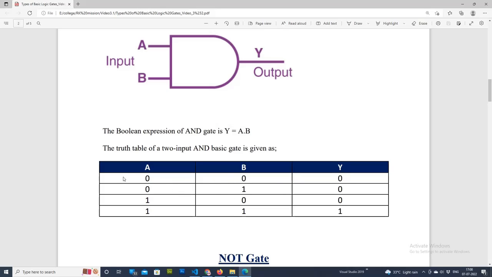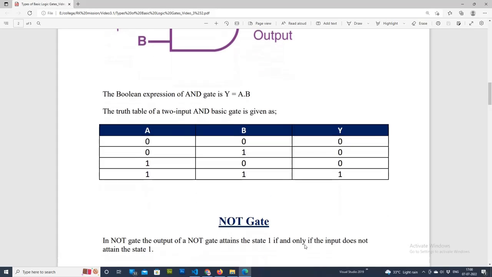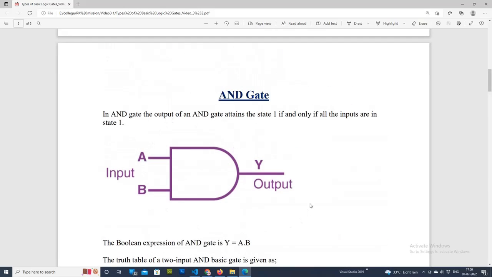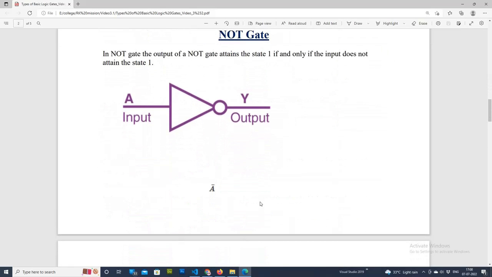So 0 dot 0 equals 0, 0 dot 1 equals 0, 1 dot 0 equals 0, and 1 dot 1 equals 1. This is the picture of an AND gate: it looks like a half round circle.